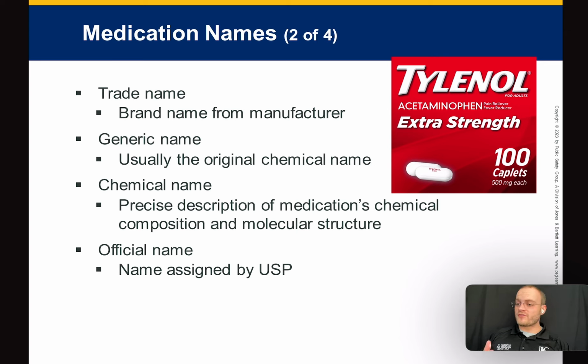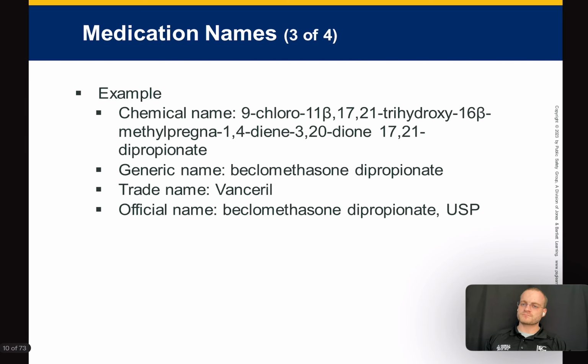If you've ever seen vitamins that say calcium D3 USP, right? It's saying that their concentration has been accepted by the United States Pharmacopoeia, so it's almost like a form of legitimacy. That's kind of a weird example, but the USP is the United States Pharmacopoeia.